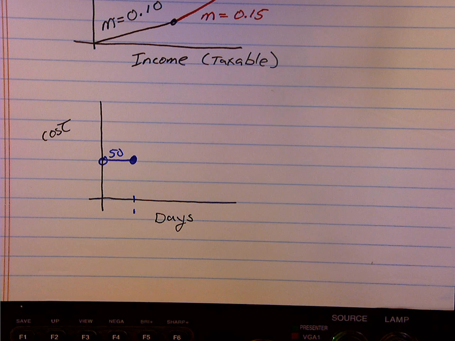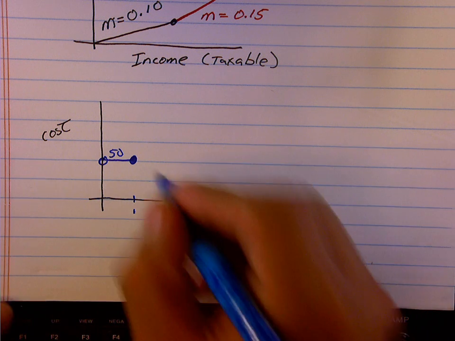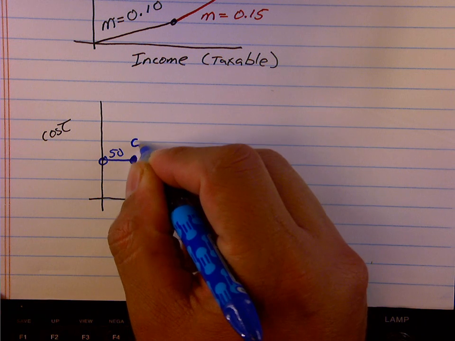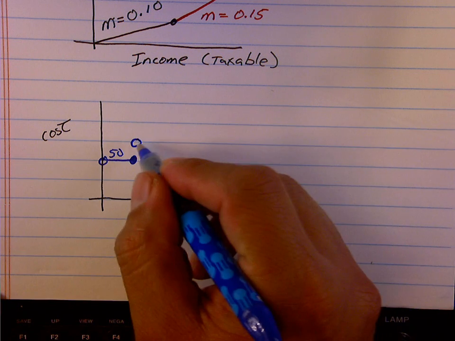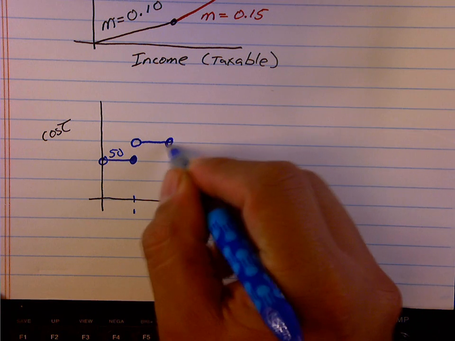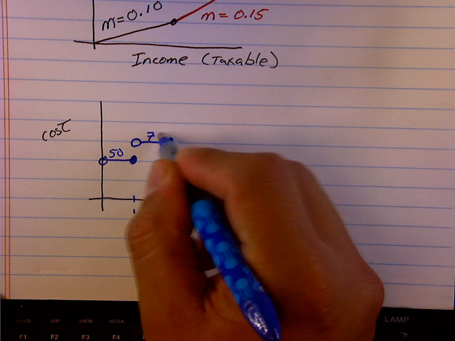Now, it doesn't matter if you bring back the car in 4 hours or 6 hours or 7 hours, you're going to pay $50. However, if you go to the next day, you're going to have to jump up immediately. As soon as 1 day is over, 24 hours clicks, and up your cost will go by an additional $25.